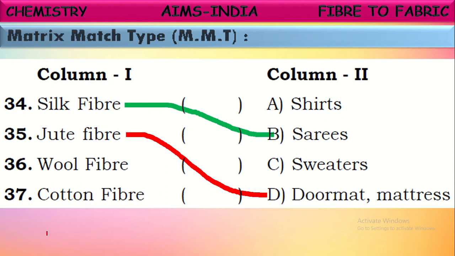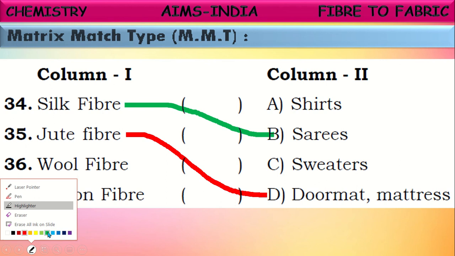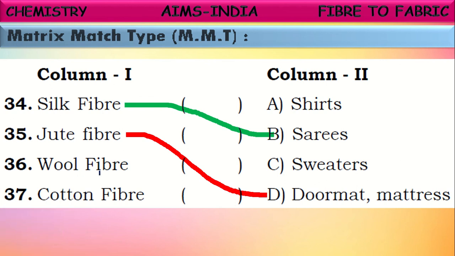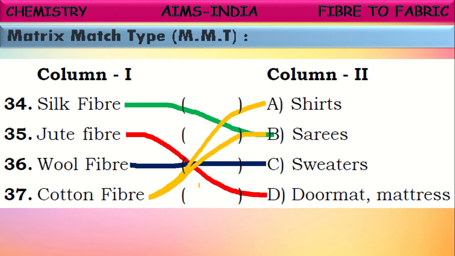Next, woolen fiber. Where this woolen fiber is used? Woolen fiber is used for making of winter garments like sweaters and these all. Next, what about cotton? Cotton fiber is used in making of cotton shirts, and even cotton saris also are made with this cotton fiber, isn't it?